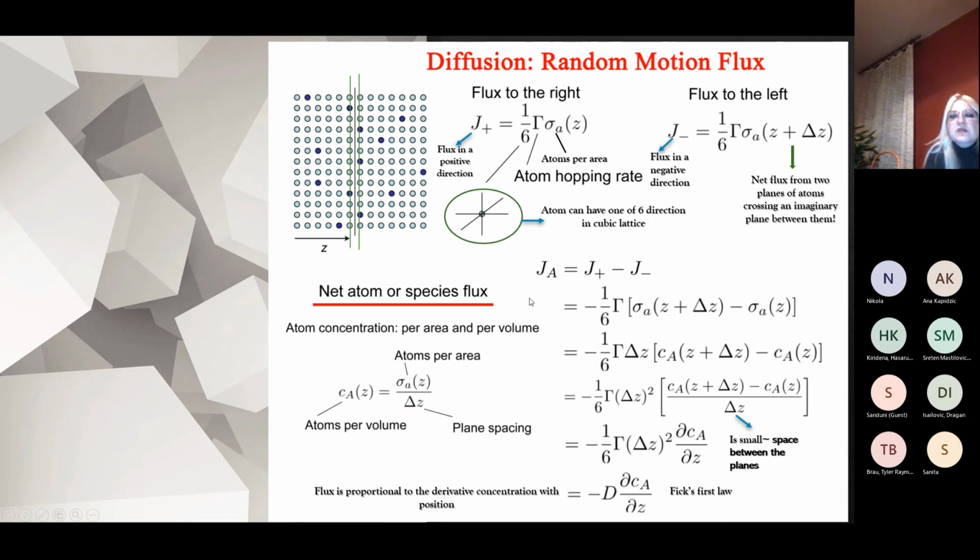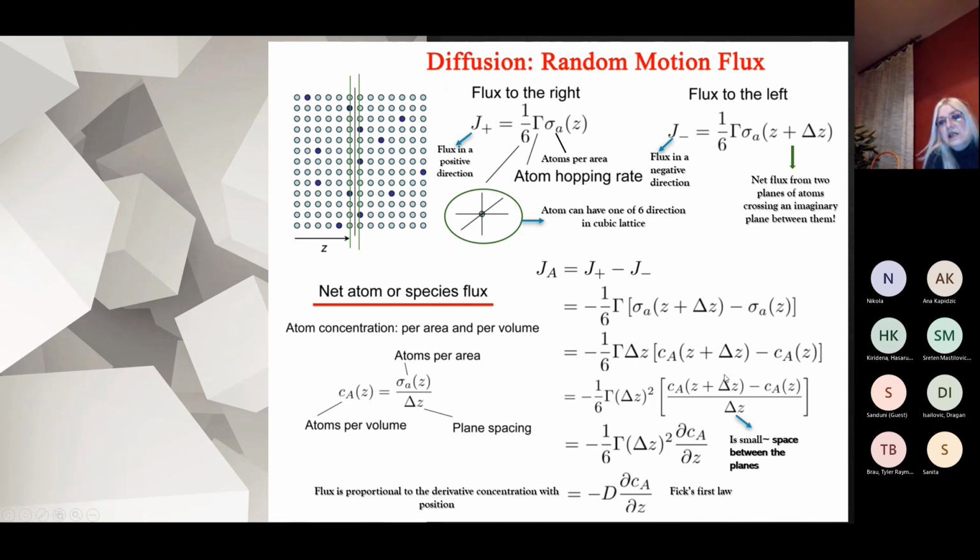So the net flux of atoms of a species can be expressed by G plus minus G minus, and we can use this equation here. Atoms per area can also be expressed as a function of the concentration, atoms per volume, and the distance between the planes.